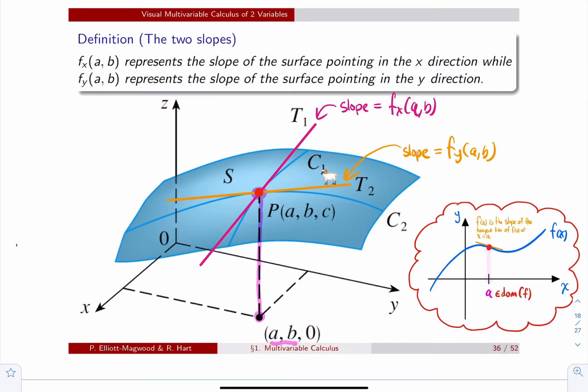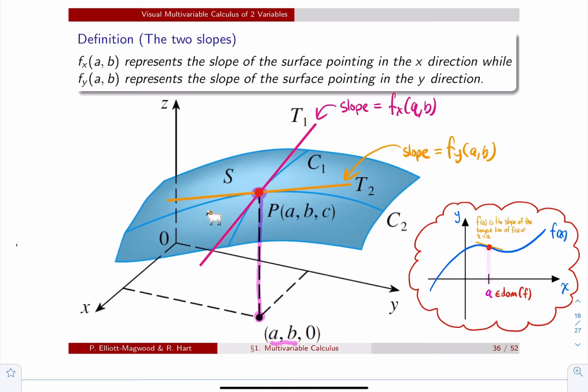So two different numbers giving you two different slopes, one in the x direction, that's f sub x at (a, b), and one in the y direction, that's f sub y at (a, b). So there's only two directions here. Of course, one natural question would be, goat, what about if you go in any other direction? Are there other slopes?